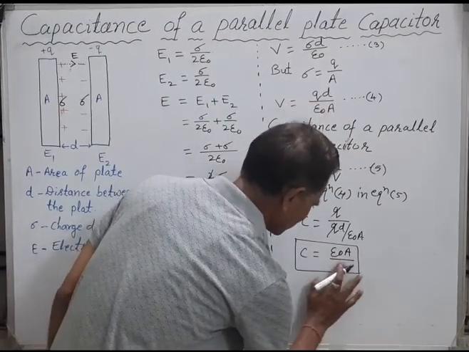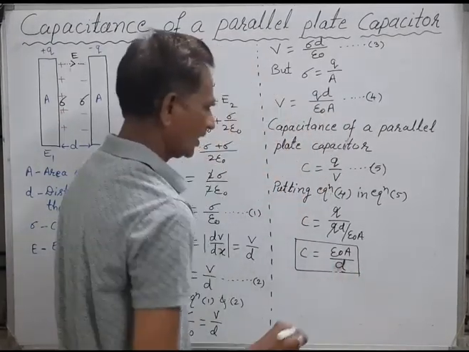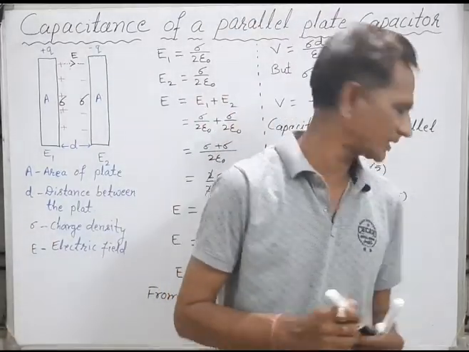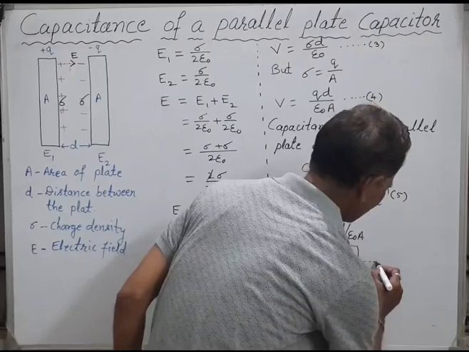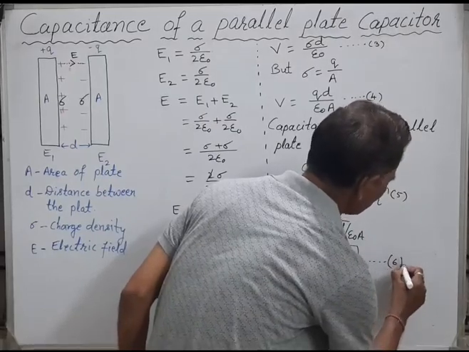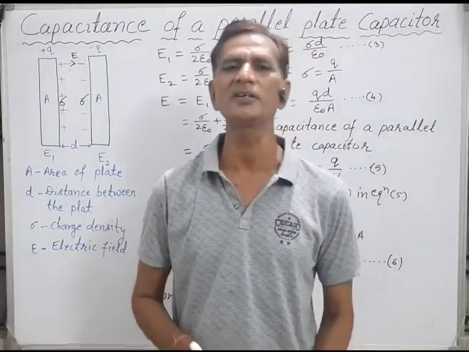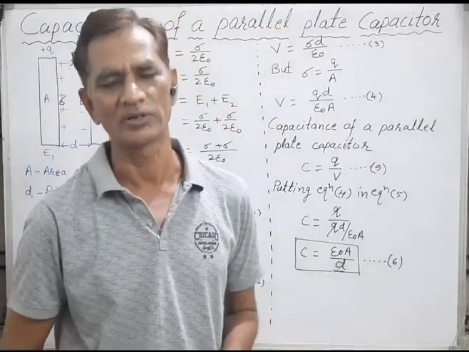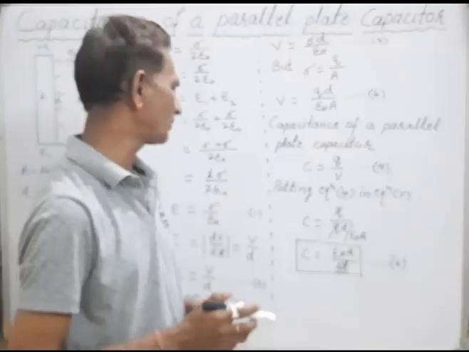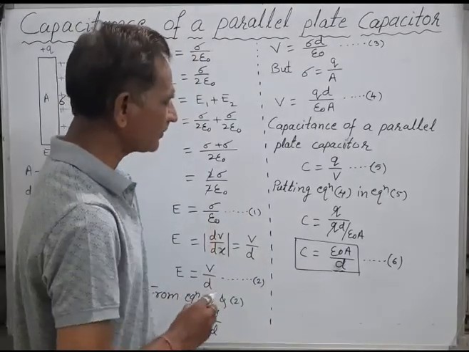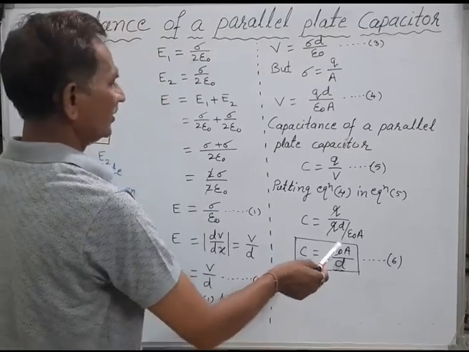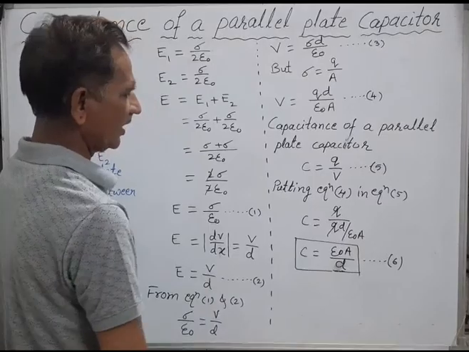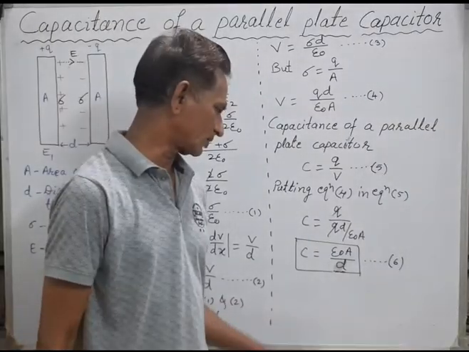And from this we can understand the capacitance of a parallel plate capacitor does not depend on the charges present on the sheet or the potential difference found there. The capacitance of a parallel plate capacitor depends upon the area, the distance between the plates, and epsilon naught.